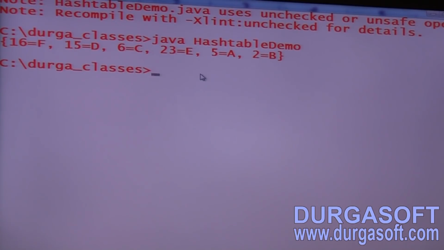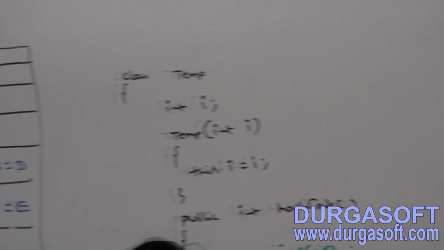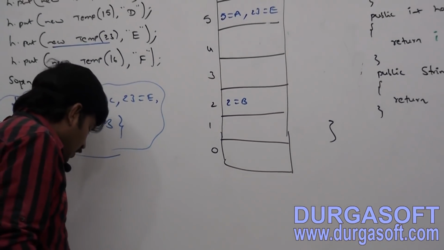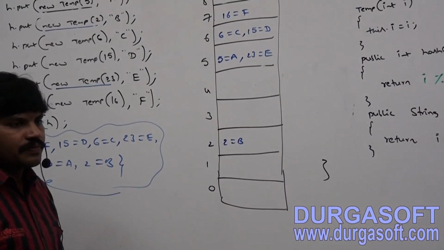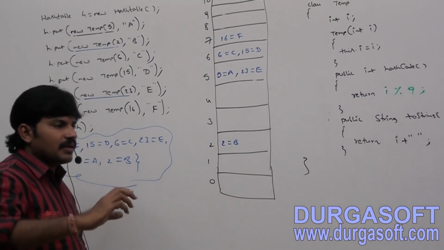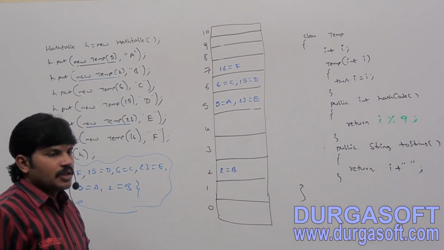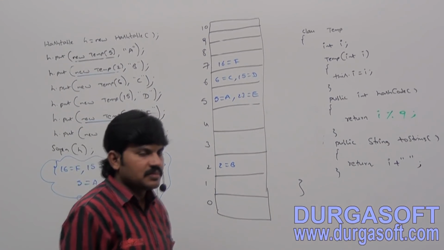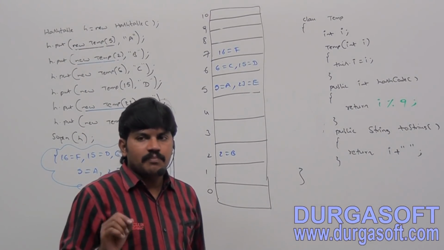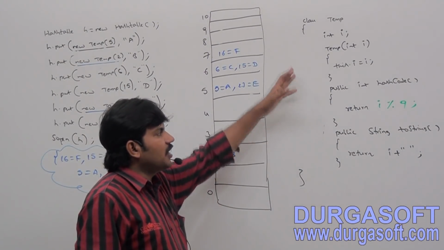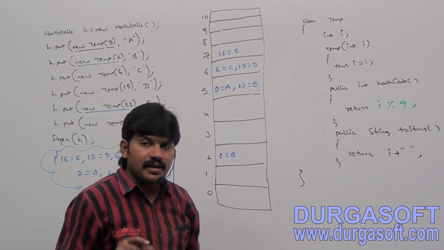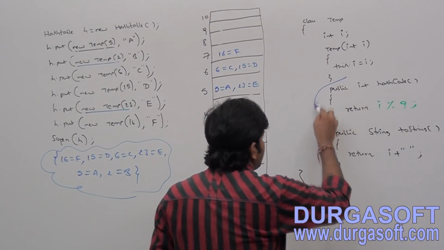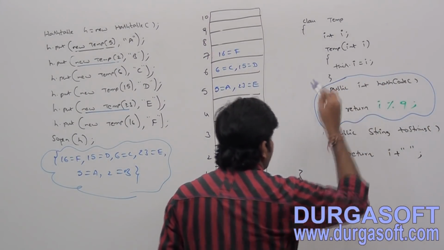Okay, make sure at this point: if we change the hash code method of the Temp class, take only the hash code method, don't change anything else.